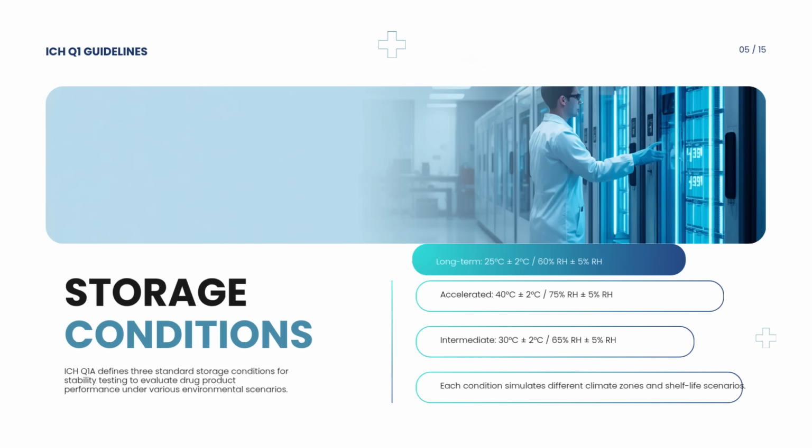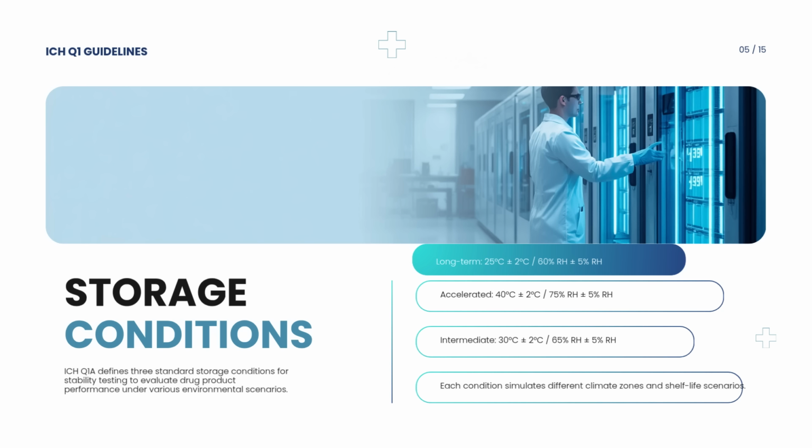The next one is the accelerated conditions, that is at 40 degrees Celsius and 75% humidity, which are used to predict a product's shelf life by simulating storage in a high temperature environment. This is particularly useful to identify any potential degradation that might occur quicker than expected.